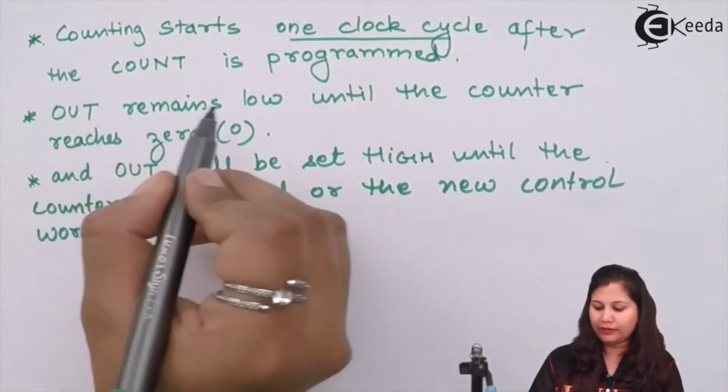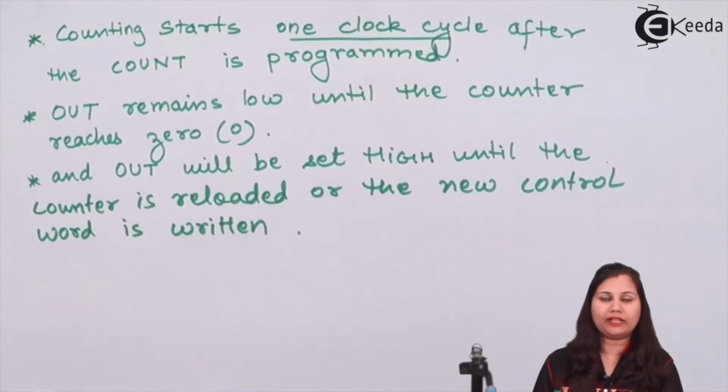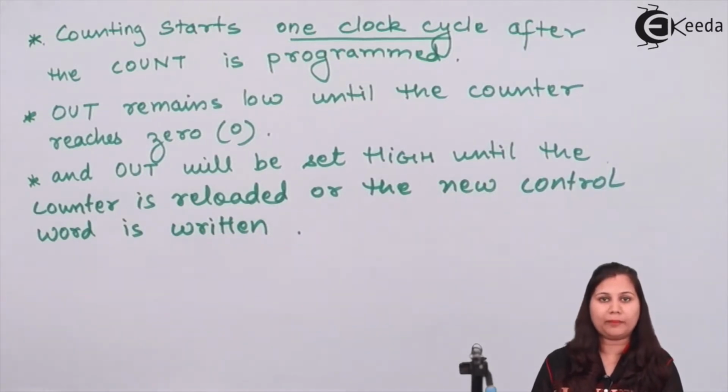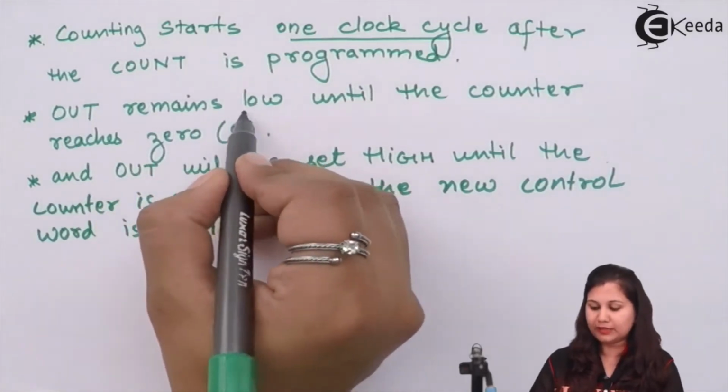Now this out value is low until the counter reaches 0. Meaning at every step, if we have initialized the counter by 4, then at every clock pulse it is decrementing like 4, 3, 2, 1, 0. So when the counter is decrementing the count value, the out signal remains low.